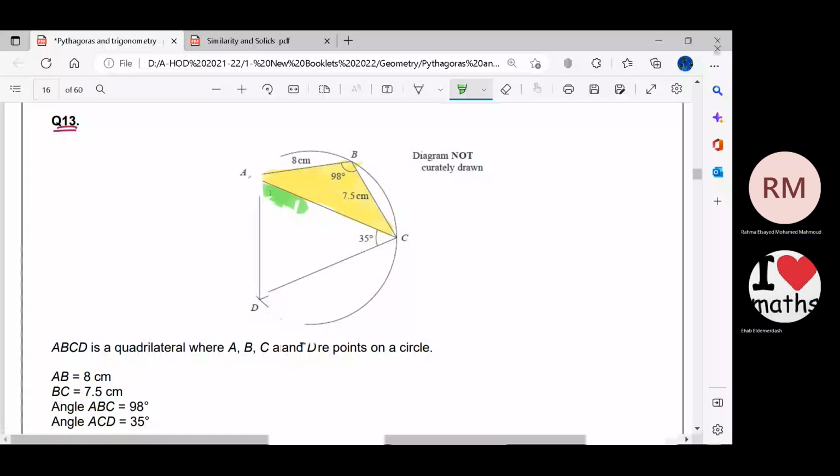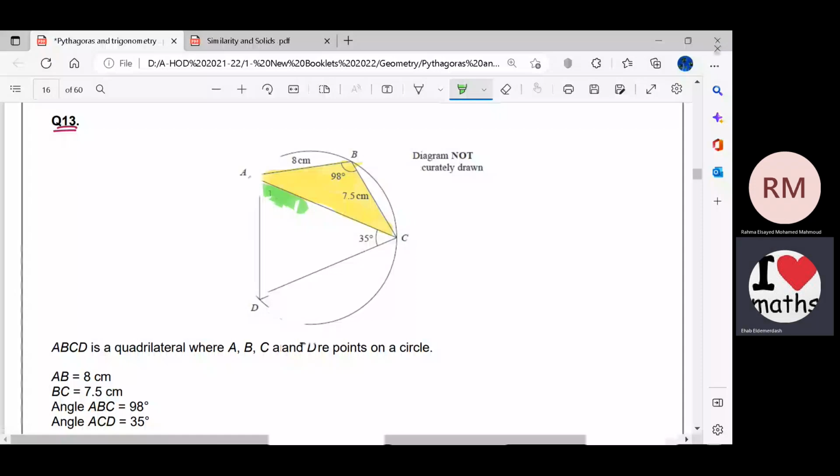Once you find there is a connection between sides and angles, my brain will work automatically that we need to use the trigonometric ratios. This will give me an indication that I have to use trigonometry. This is the first thing.